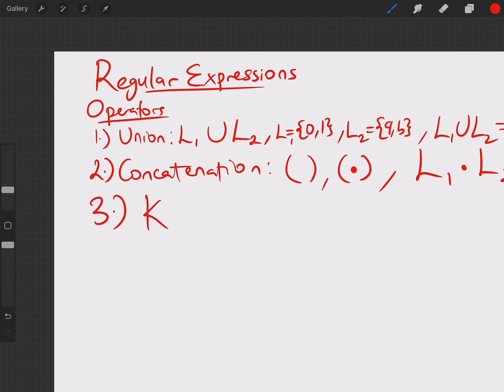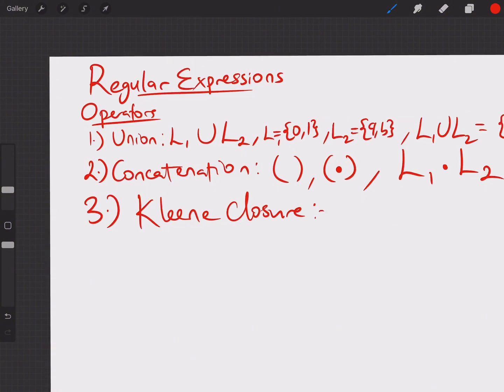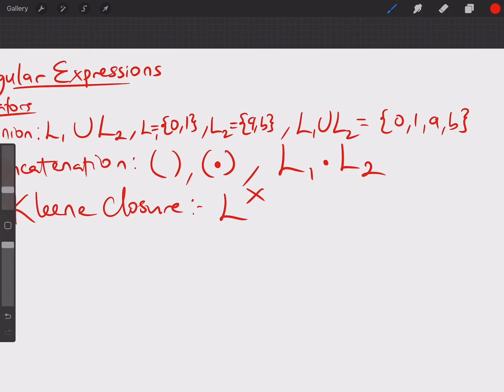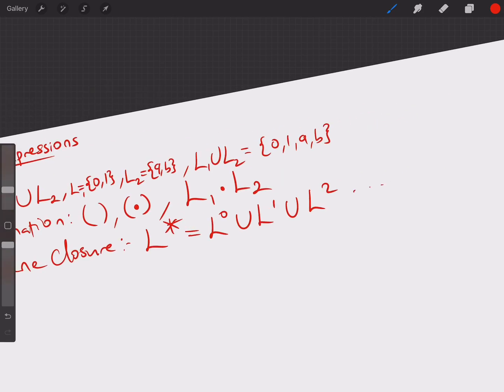We have also the Kleene closure. Kleene closure is represented by, let's say we have a language L. The Kleene closure is L star, which is just saying L to the power of 0, which is just the empty string, union L to the power of 1, union L to the power of 2, and so on and so forth.